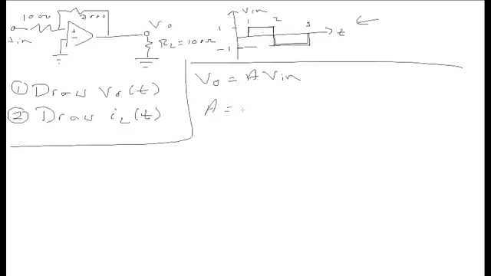The gain is negative R2, 2000, over R1, 1000. Which is negative 2. So if I want to draw Vout as a function of time, I just take the graph of Vin, multiply it by negative 2, and I'll have my graph of Vout.